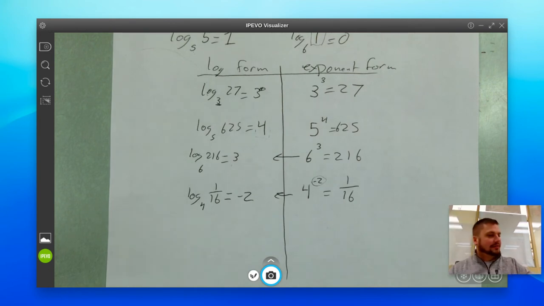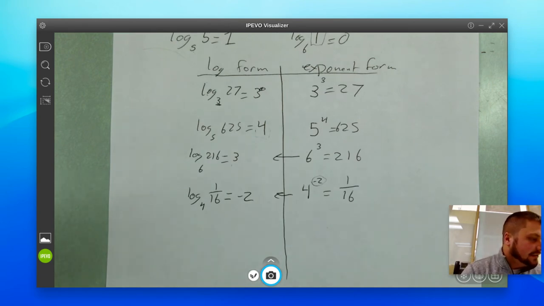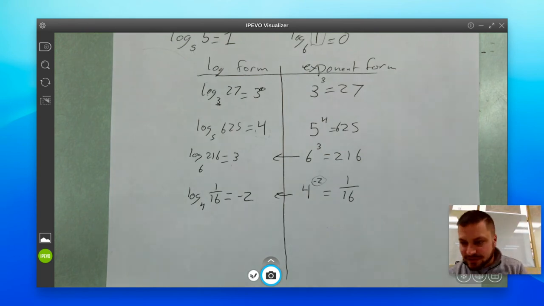All right, some other things that they might have you do in this section, other than knowing what a log is, which we've explained, and also switching forms. They may have you just evaluate logs. And again, I think that some of these you can do in your head.